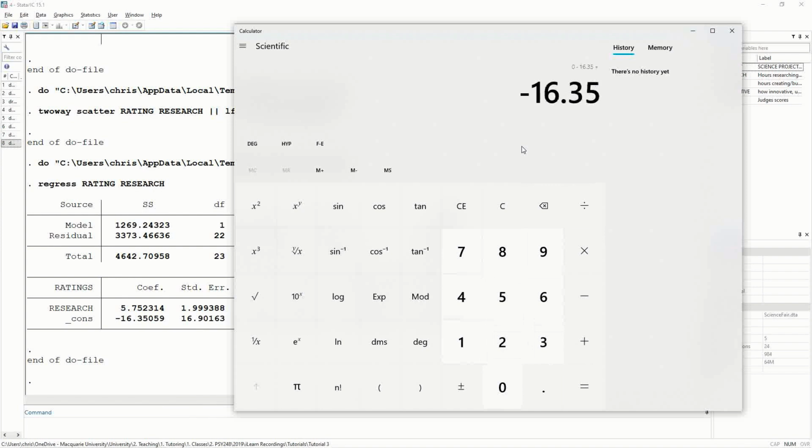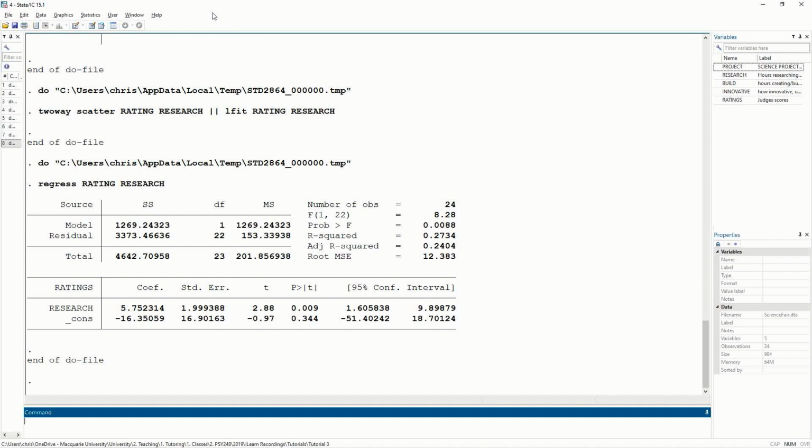-16.35 plus 5.75. So a person who put 1 hour of research into their project would be expected to have a judge's rating of -10.6. Again, this doesn't make sense, partly because we don't have any data for anyone with a score of 1.